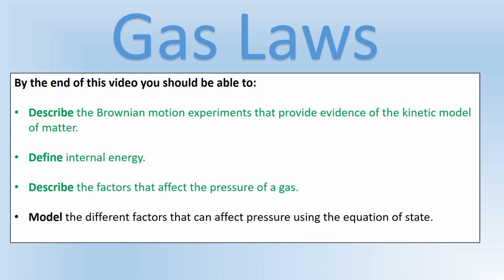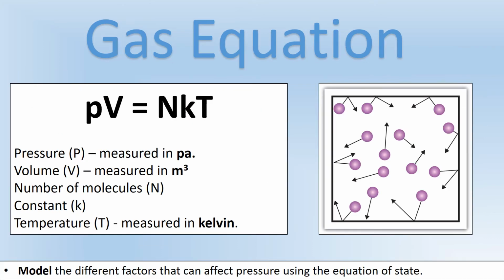How can we actually mathematically model it? Well, we can do it using something called the equation of state. And the equation of state essentially says the pressure times the volume of gas is equal to the number of molecules times a constant, which has a specific value, and the temperature measured in Kelvin.